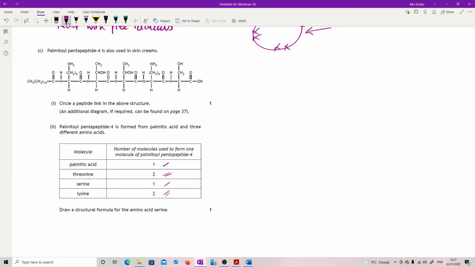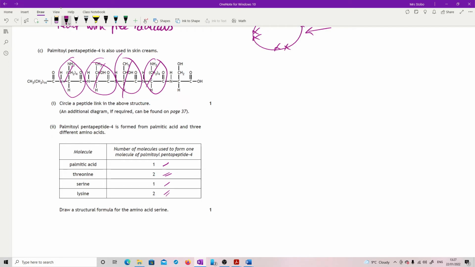So let's look for our doublers, basically. So this one, they can't be serine because there are 2 of them, so this must be something to do with that. And then we have got our other doubler, this one here. There we go.